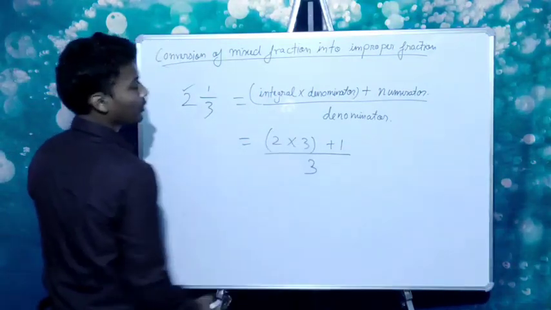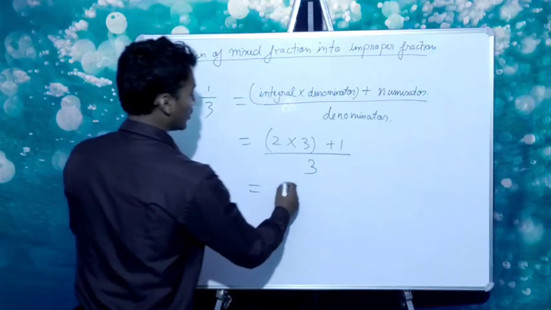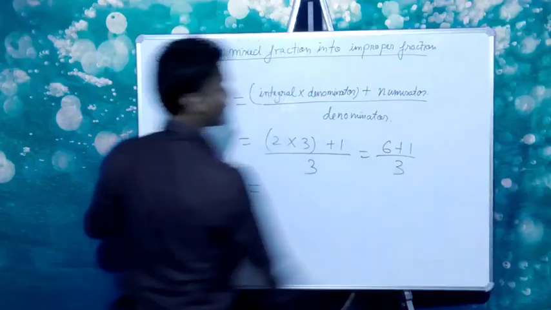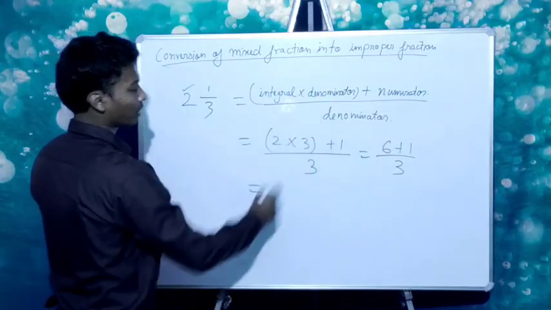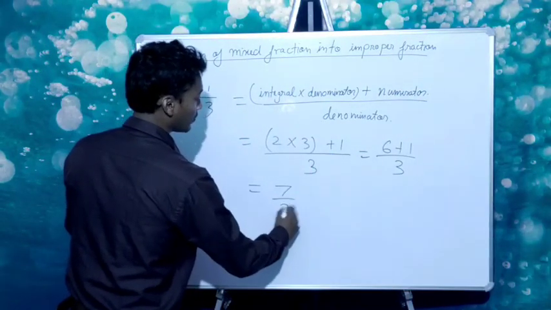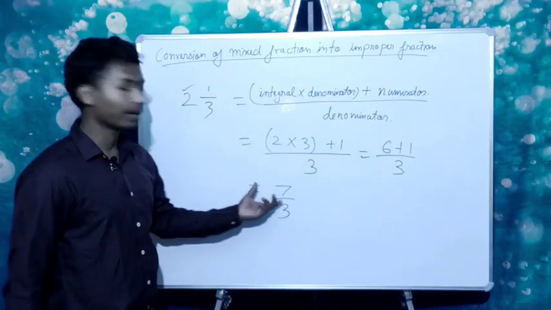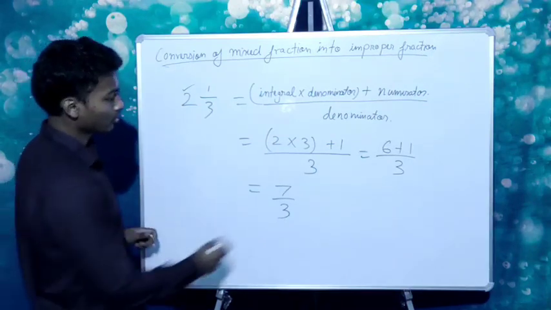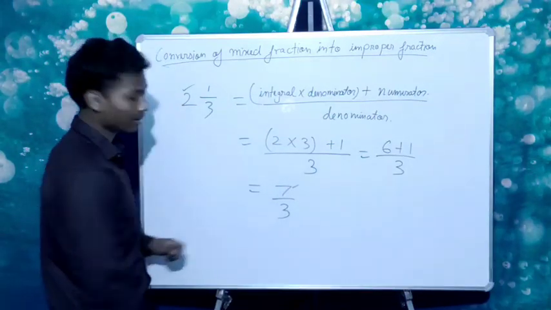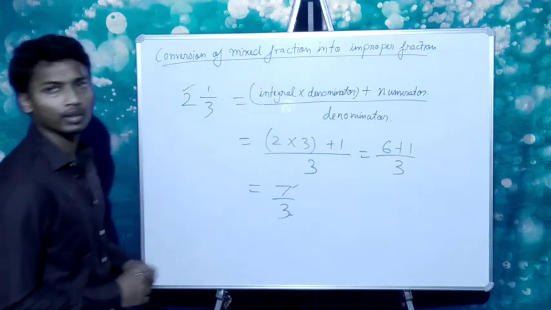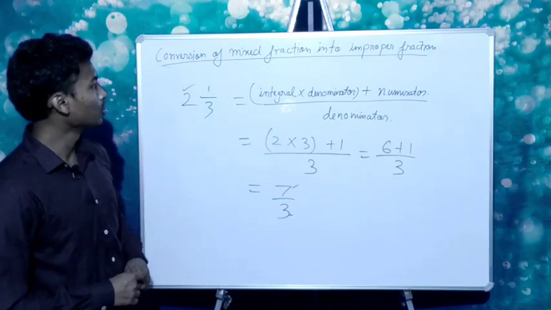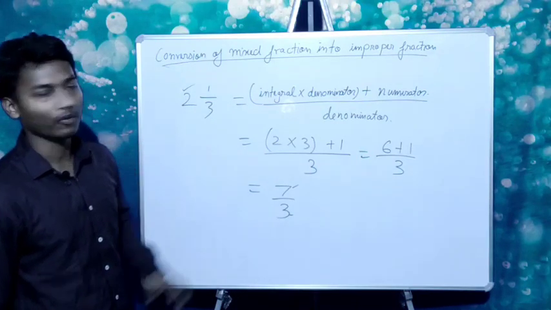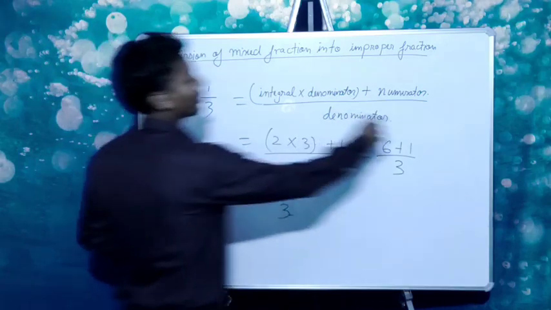So 2 times 3 will give you 6, right? 6 plus 1 is 7, so 7 by 3. 7 by 3 is an improper fraction. Why? Because the numerator is greater than the denominator. Is that clear? So you have understood how to convert a mixed fraction into an improper fraction using this formula.